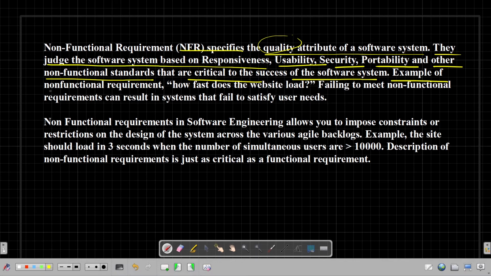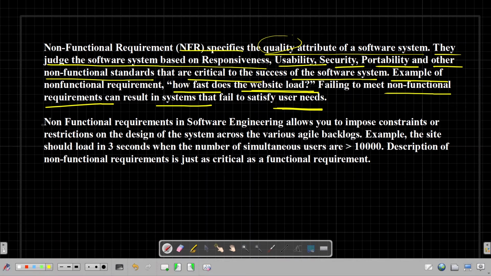An example of a non-functional requirement is how fast the website loads. Failing to meet non-functional requirements can result in systems that fail to satisfy user needs.